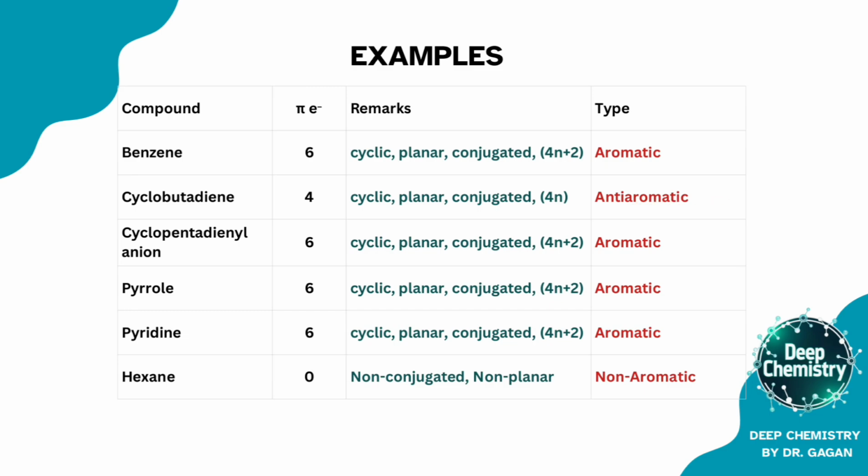Cyclopentadienyl anion with 6 pi electrons also follows all rules, so aromatic. Similarly pyrrole and pyridine are aromatic, but hexane is non-conjugated and non-planar, so it does not follow Huckel's rule, so non-aromatic.